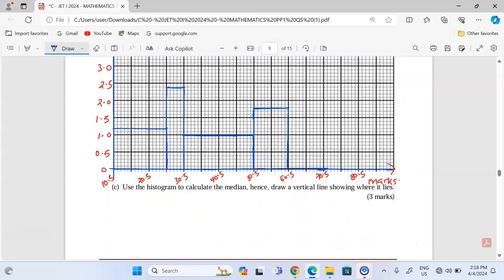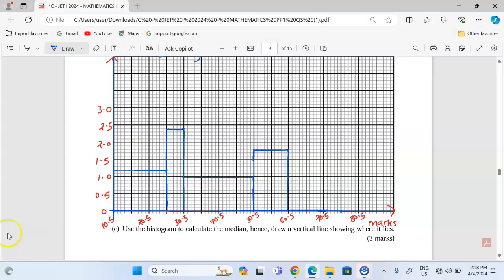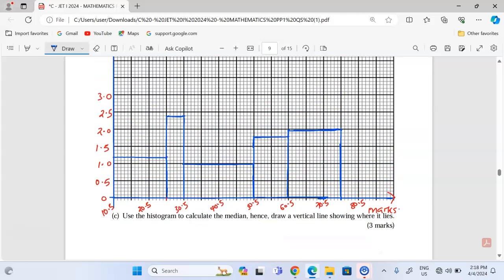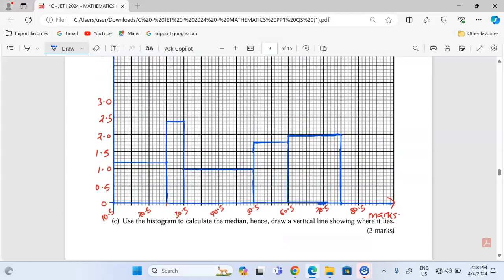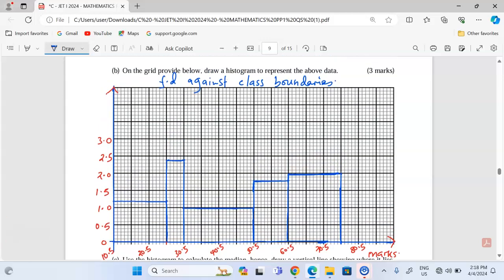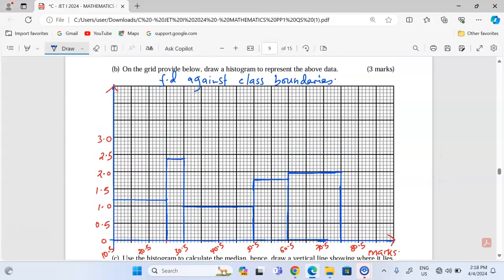A height of 2. Therefore, we have our histogram now ready. Now with the histogram, we can respond to the question thereafter.